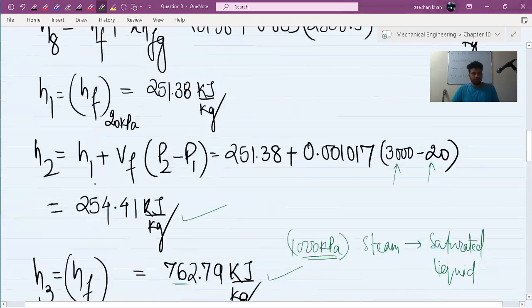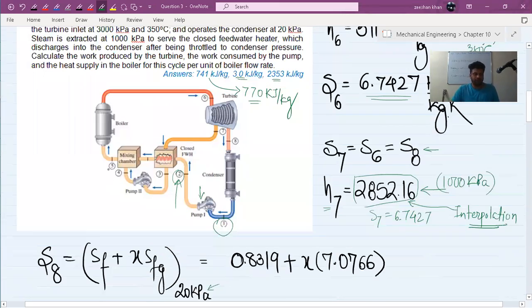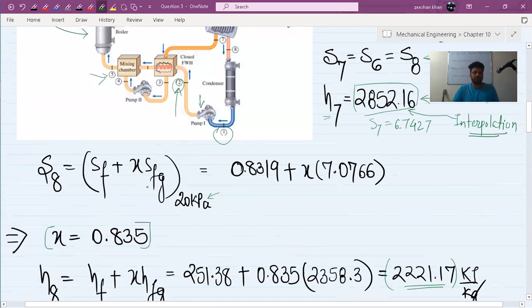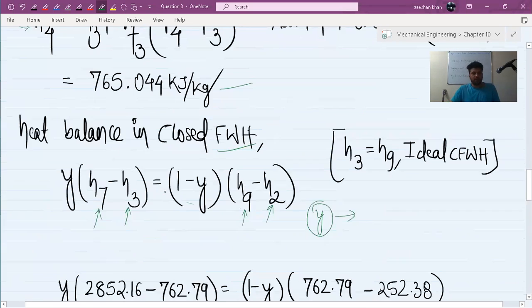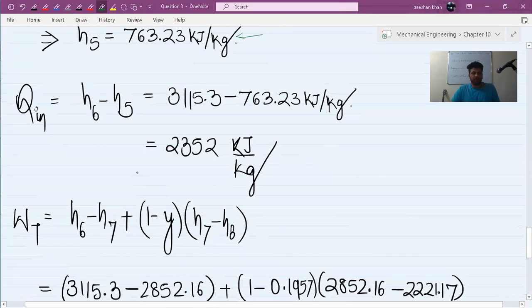Just know that the point of entry for the boiler is the fifth state, and the point of exit for the boiler is the sixth state. So the amount of heat Qin is going to be h6 minus h5, and it comes out to be 2352, very close to the answer given. 2350 is what is given there.